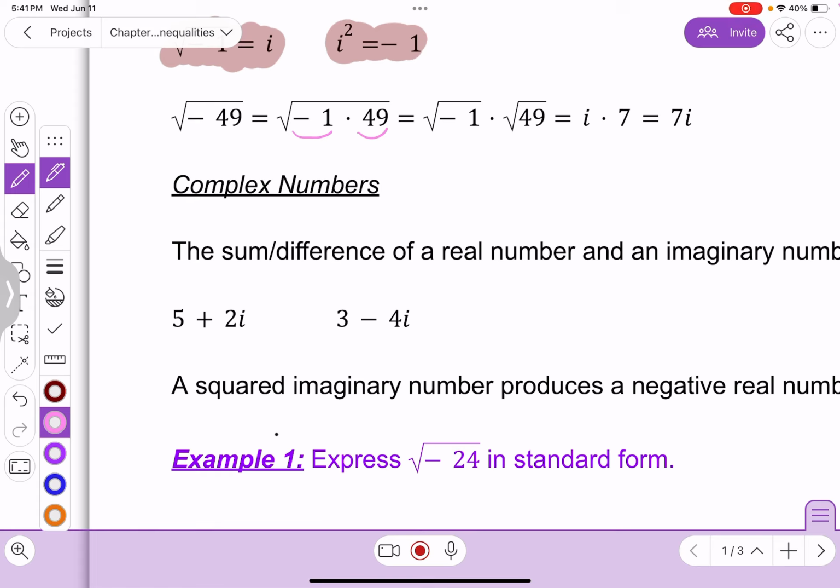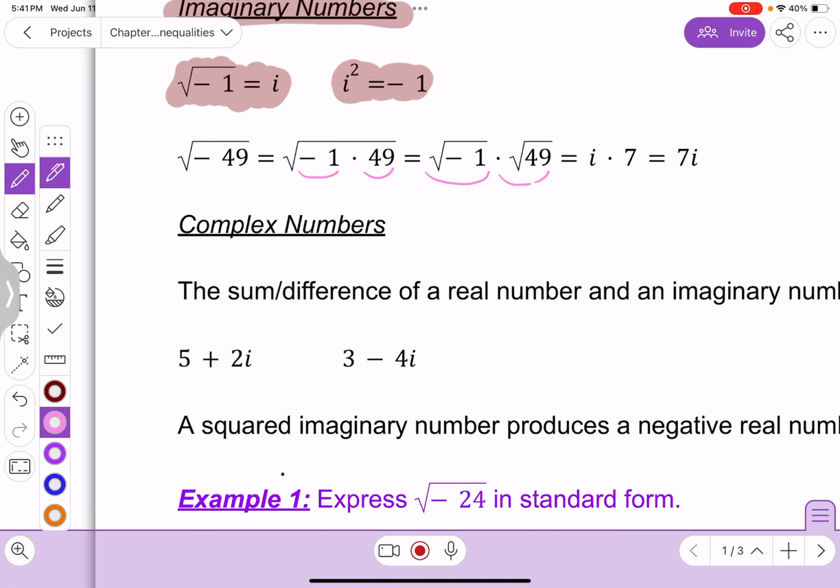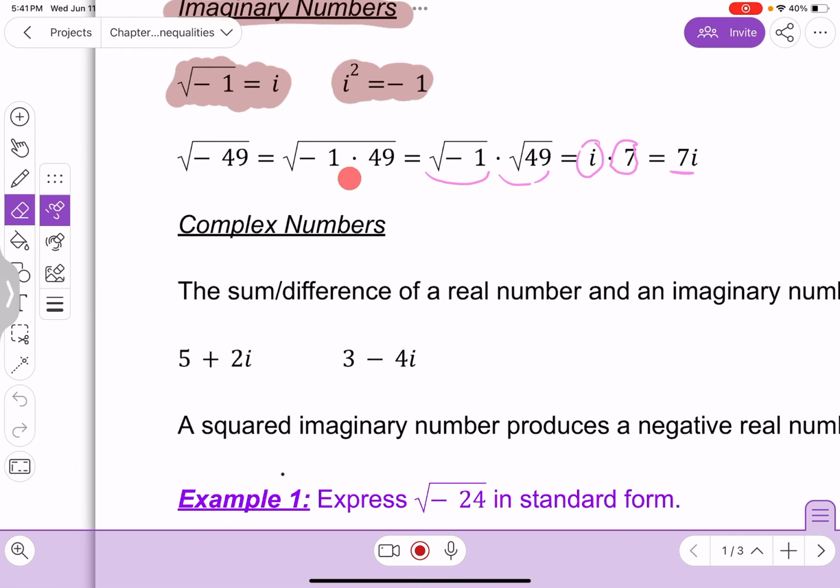So we can break that apart: the square root of -1 times the square root of 49. By definition, the square root of -1 equals i. And the square root of 49 is 7. And then we write 7i, because just like other variables, you write i right after the number. So that's how i works.